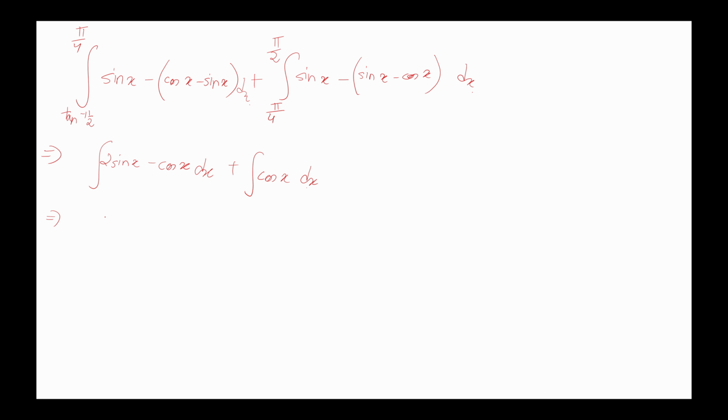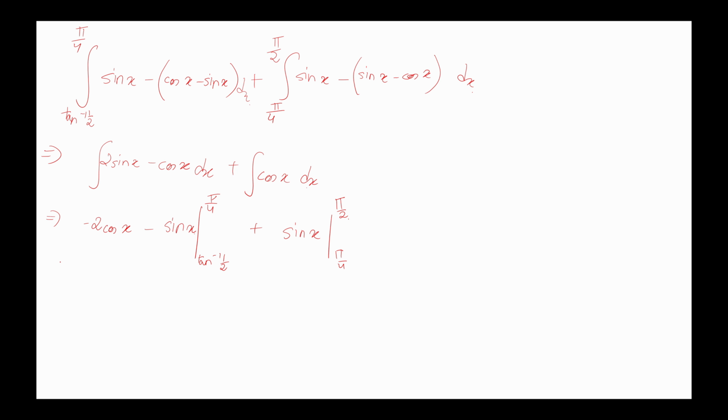Let us integrate this. We would get minus 2 cos x, and cos x integration is sin x, and these two we have to integrate from tan inverse half to pi by 4, plus cos x integration would become sin x, and this we have to integrate from pi by 4 to pi by 2.